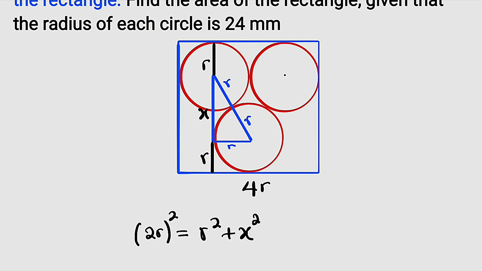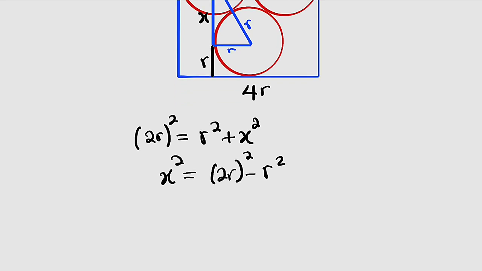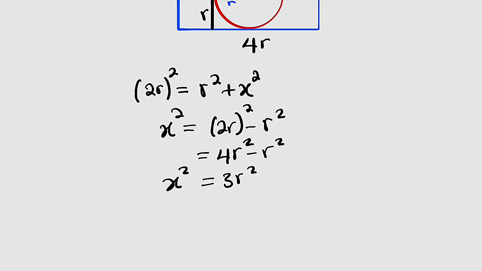But remember, we are looking for x, right? So let us make it the subject. x squared is now equal to (2r) squared minus r squared. Let's simplify. This is going to give us 4r squared minus r squared, which is equal to 3r squared, right? So x squared is equal to 3r squared.